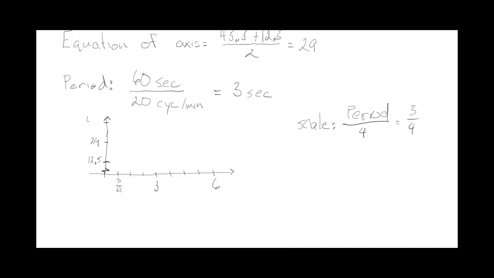So I went up by 16.5, which seems like a weird number to go up by, but basically I'm going up by the amplitude. So you only need those key points, right? My equation of the axes is right here at 29, and the other two are my max and my min.